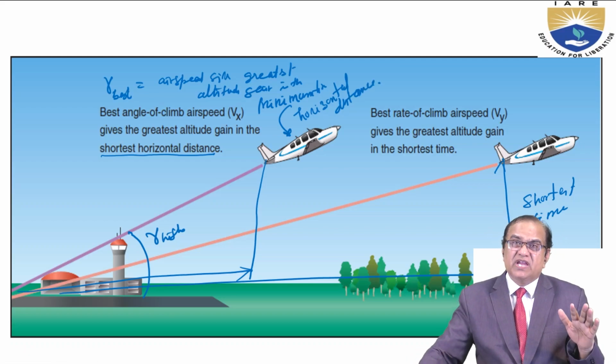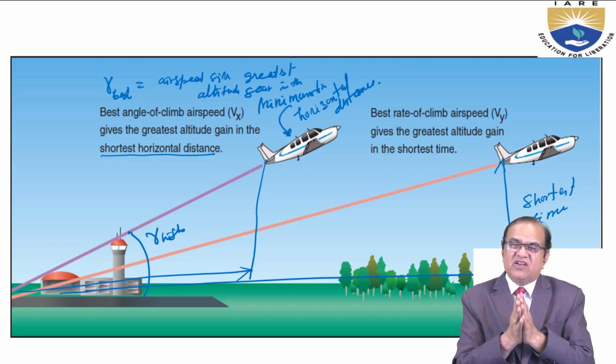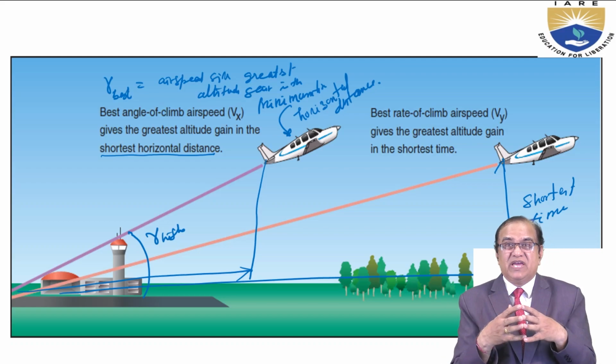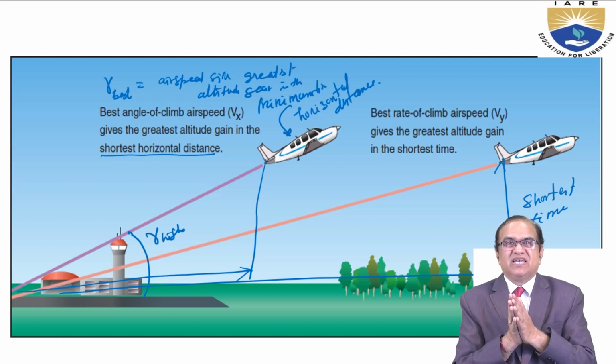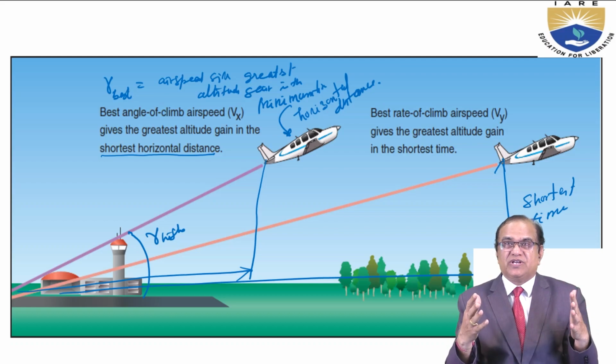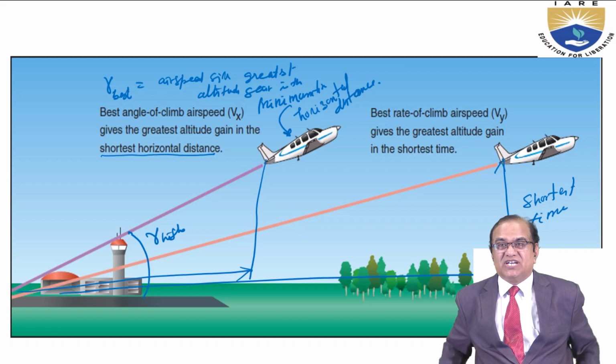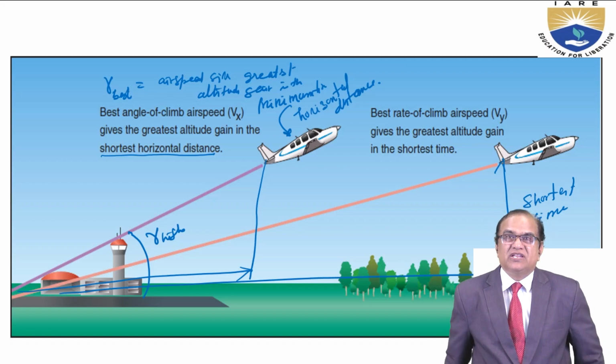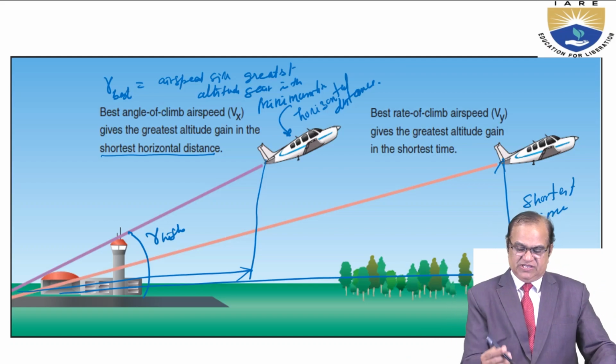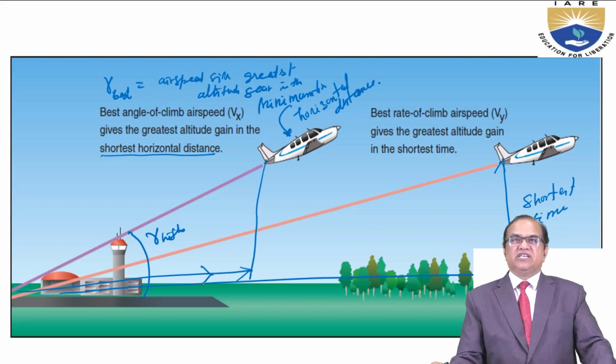So we should be very much careful that best angle of climb airspeed, that is Vx, gives the greatest altitude gain in the shortest horizontal distance. So minimum horizontal distance, that is the Vx speed.